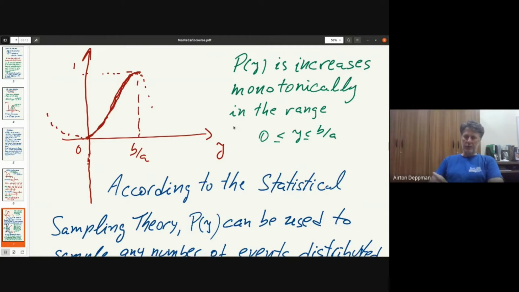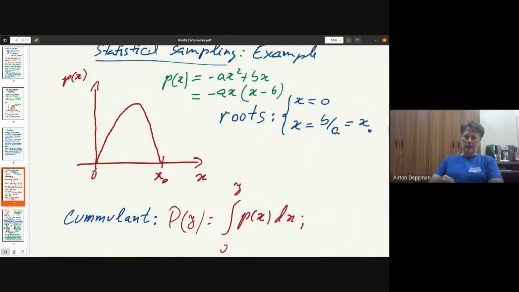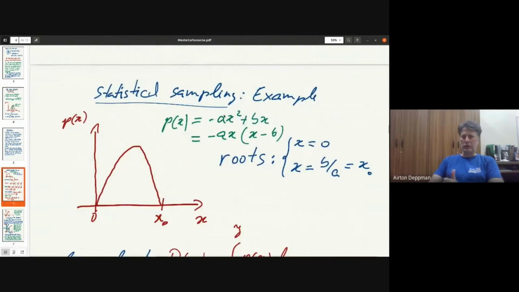What the statistical sampling theory says is that we can use this function, the cumulant function, to sort events, any number of events, according to the underlying probability density, that is p of x. So we can sort using the cumulant function a distribution of events whose probability density will be equal to this one.